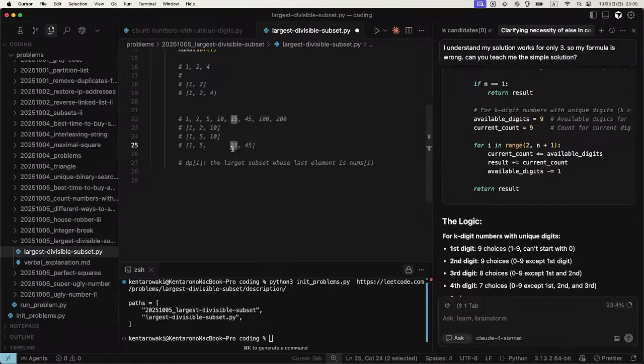So in this case, 10 is not good. 5 is good. But how can we find the previous state? It can be divisible. This is a little bit difficult.